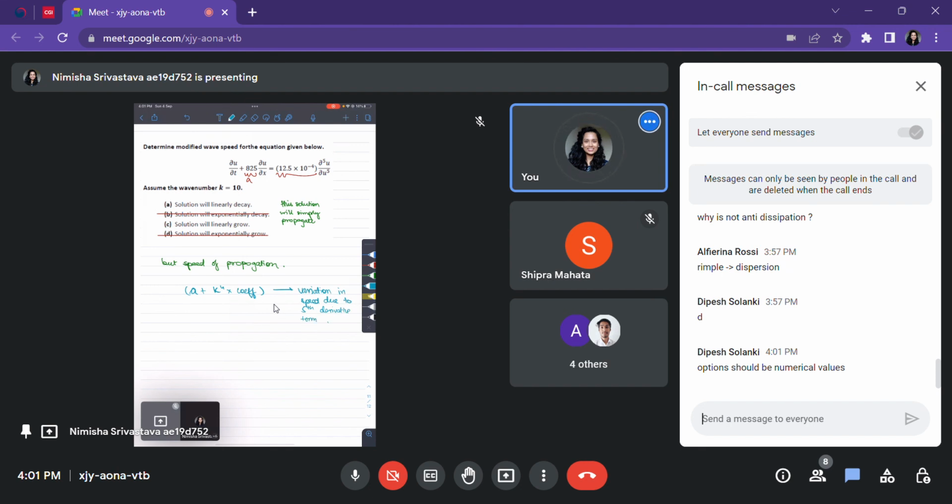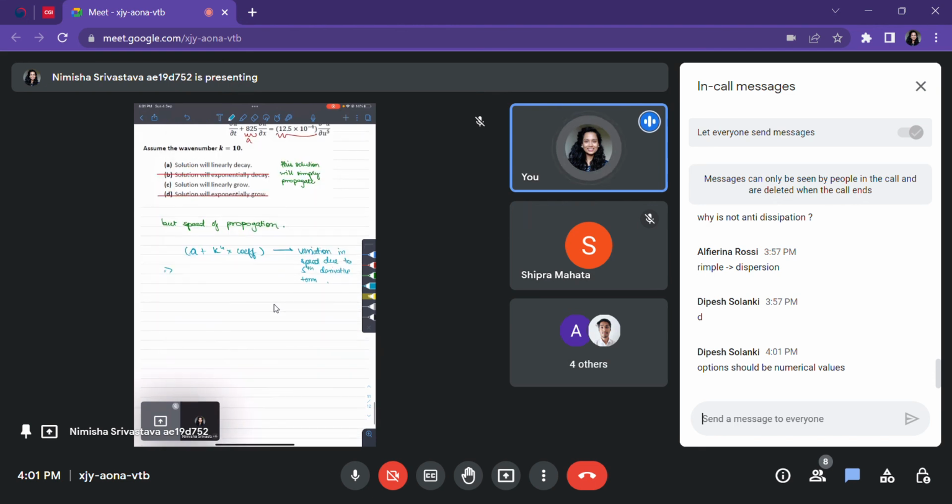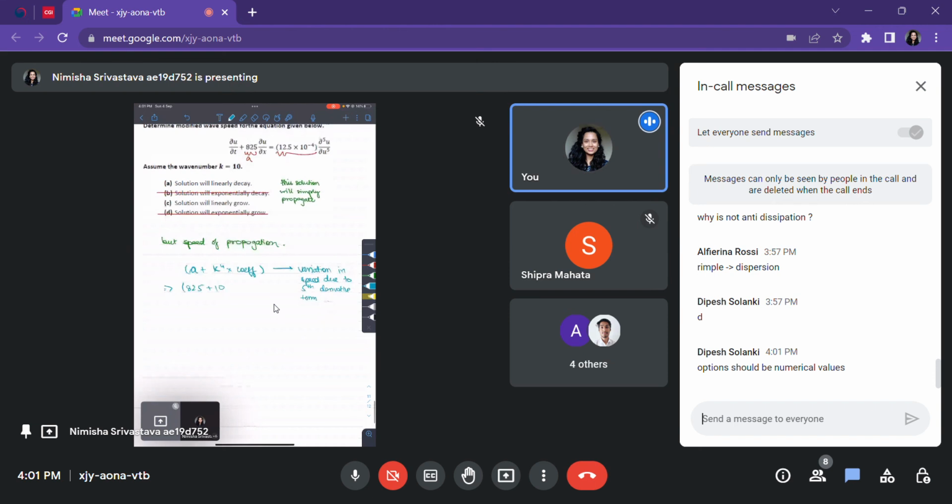So a over here is 825 plus 10 raised to the power 4, k is 10, into 12.5 into 10 raised to the power minus 4. This is 837.5 meter per second, the modified speed.